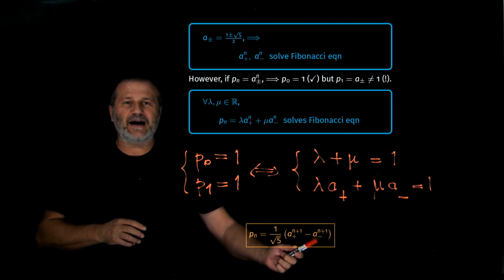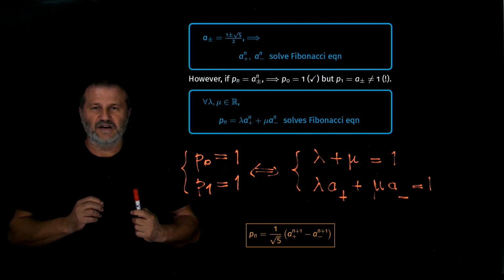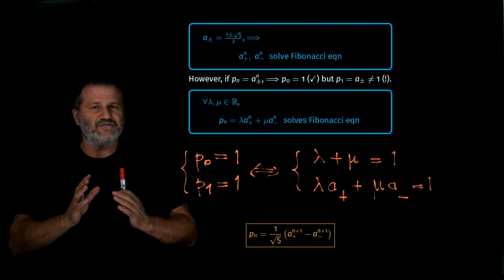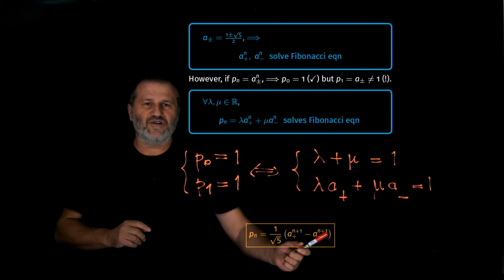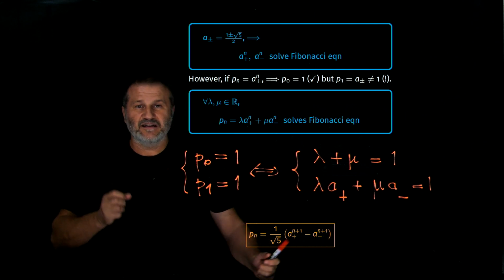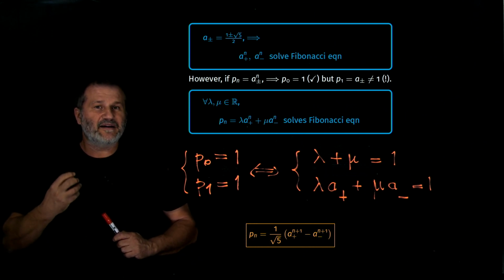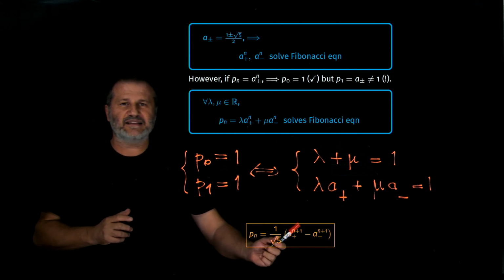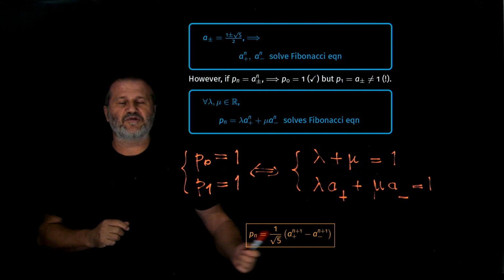For the second part here, a minus is 1 minus root of 5 divided by 2. Now this number is between minus 1 and 0. In absolute value it is strictly less than 1. And therefore, this quantity decays rapidly to 0 because it's a number, in absolute value less than 1, multiplied by itself n plus 1 times. So each time you reduce the size of the product.